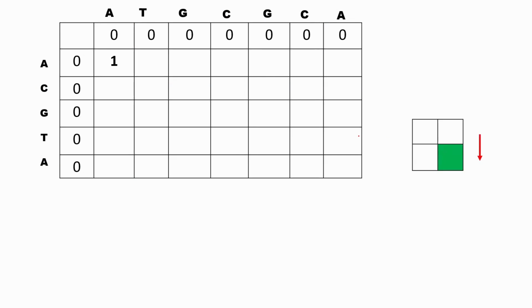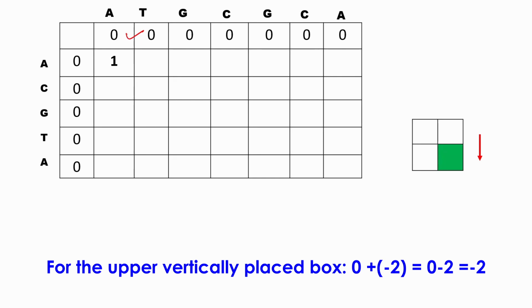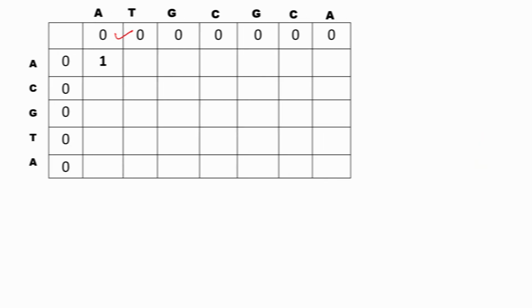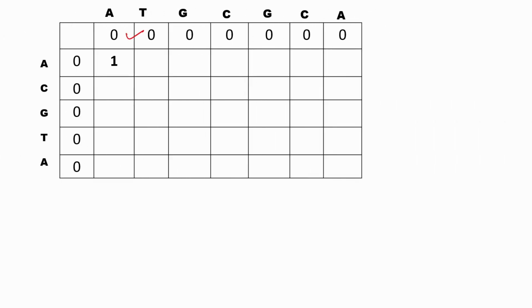According to the score present in the previous box placed vertically, we will add a gap penalty of -2. The score in the previous box was 0, as you can see here on your screen. Again we will add a value of -2. So 0 plus -2 is equal to 0 minus 2, that is equal to -2. Next, we check the score in the previous diagonal box. Herein, the previous diagonal box does not have any score. It is taken as blank, so it means the score is 0.